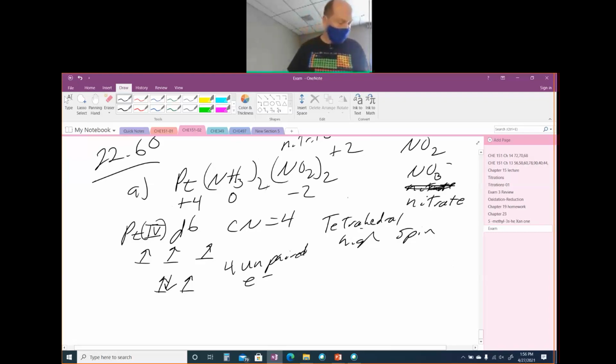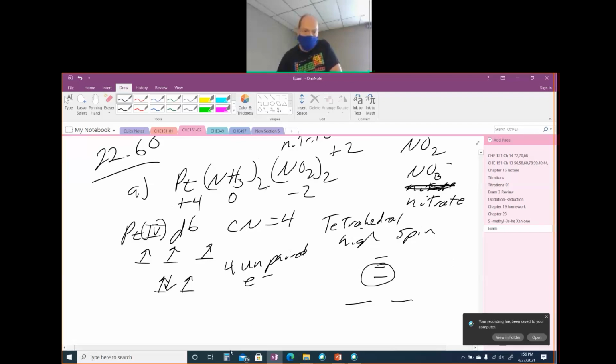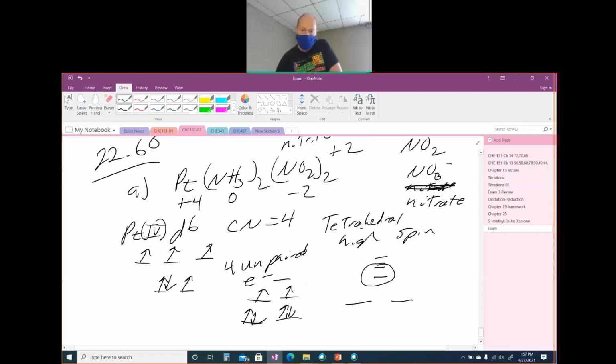All right, but it says that there are 2 unpaired electrons, and this is where the book should be more consistent. As I said, your square planar, the one that they gave us, looked like this, but these two are extremely close in energy. And so we should actually be writing it like this. And then it's always low spin. And that's how you get 2 unpaired electrons.